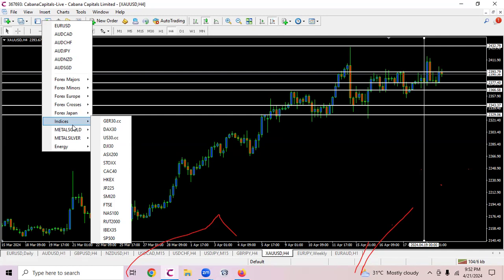US 100. I don't think I have it on this chart. Okay, I think it's the same as NAS 100, right? Am I right?